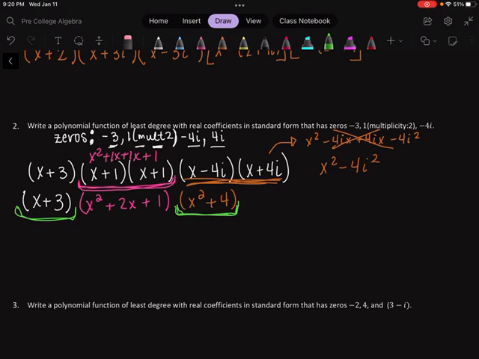So if I FOIL that, that's going to get me x squared plus 4x. So first, outer, inner, that's plus 3x squared. And then the last is plus 12. I mixed this; it should be an x to the third.